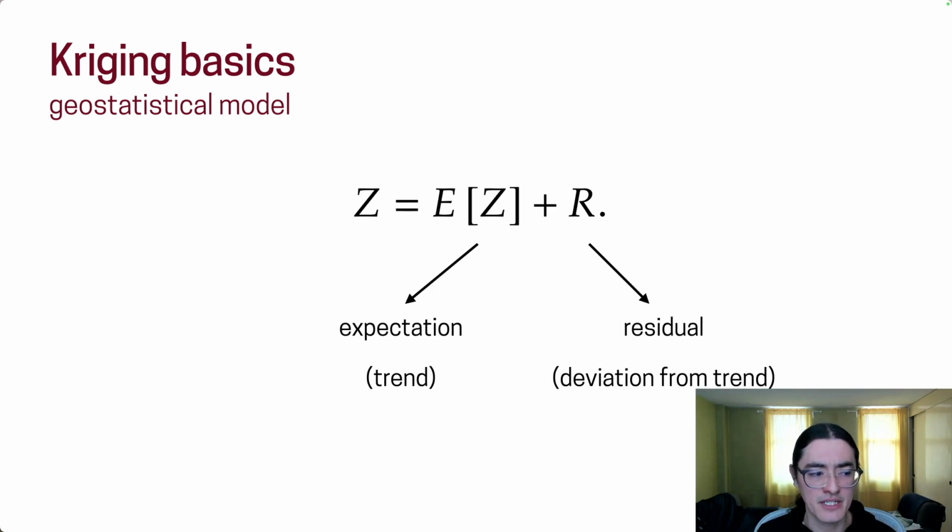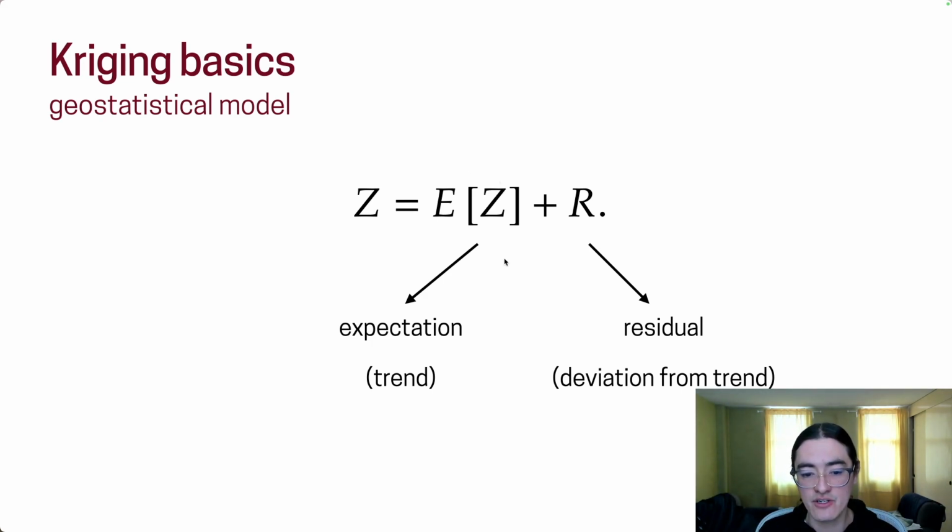Going a bit into the theory behind kriging, this is the only important bit that I want to show you today. You can read more about it in the book for the course. All types of kriging follow a certain geostatistical model, and the idea is that whenever we want to estimate the value of a random variable, we can divide it into two elements.